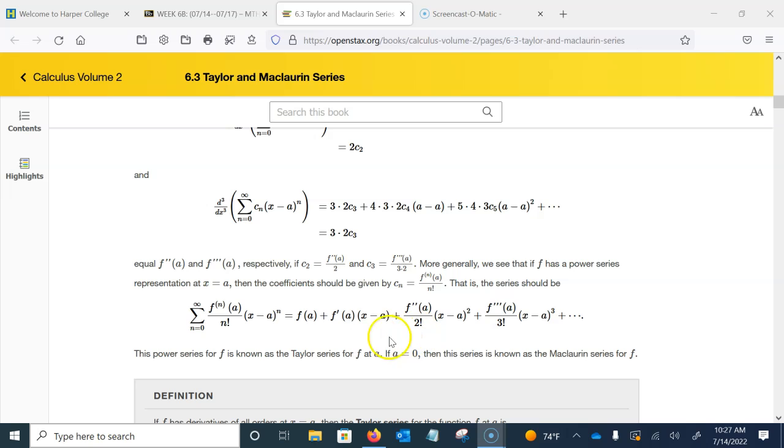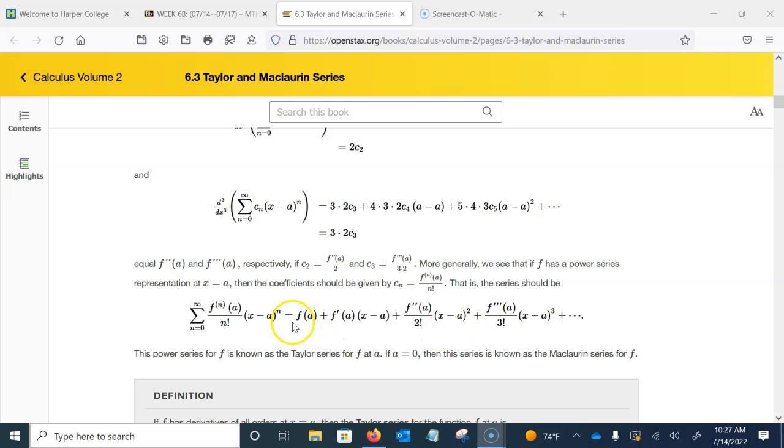So in fact, we can find all of the coefficients in the power series and replace them with f at a, f prime at a, f double prime at a over 2 factorial, f triple prime at a over 3 factorial in front of the x minus a cubed, etc. So this is a beautiful way to find all of the c sub n's of the power series.